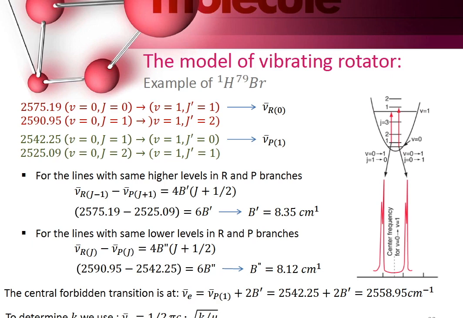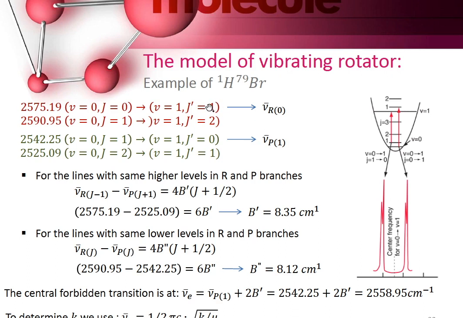So we should look into the transitions that have the same final states. Between these, obviously, we take one from the R branch and one from the P branch, and we look at the first one, where the final state is J prime equals 1, and here it is also J prime equals 1.